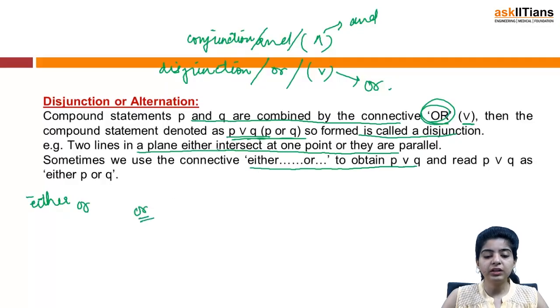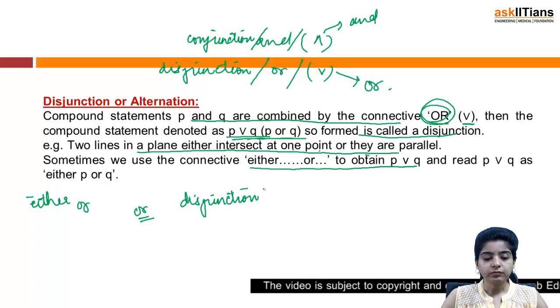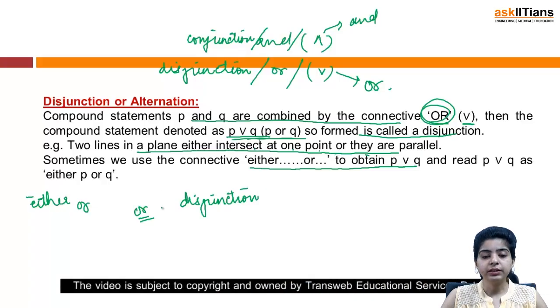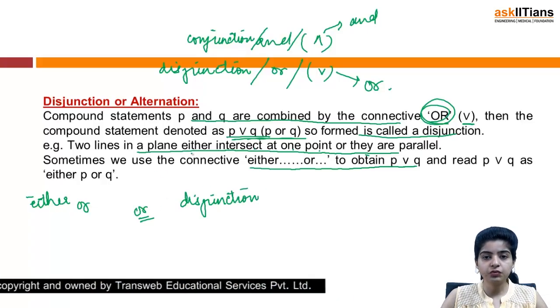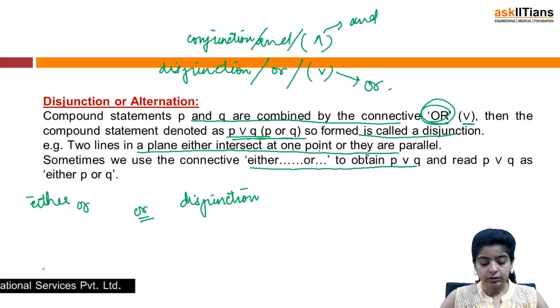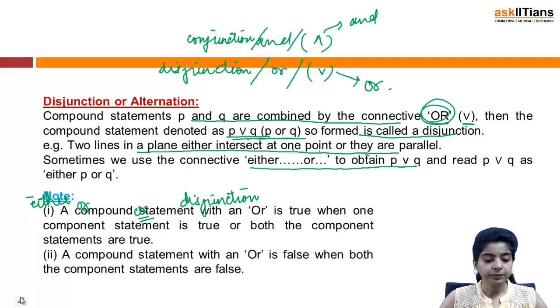Two lines in a plane either intersect at one point or they are parallel. So this is an example of disjunction. We will also discuss the truth table for OR as we discussed for AND, that is conjunction. Further, we have some important points on disjunction.